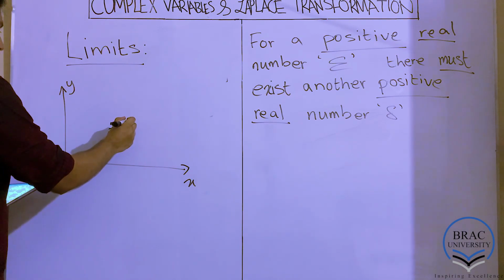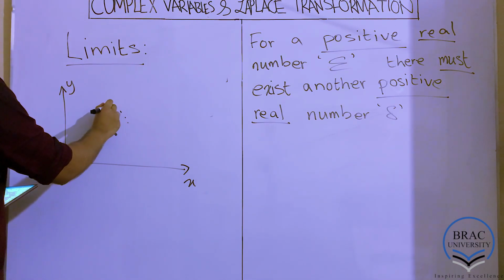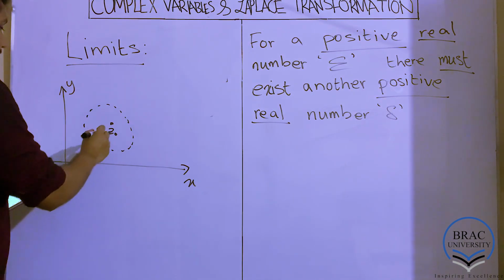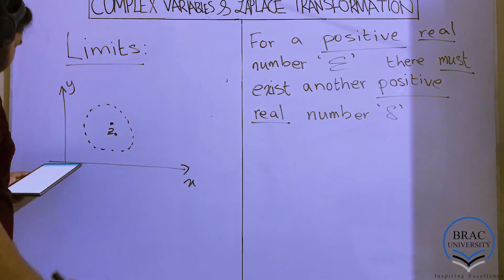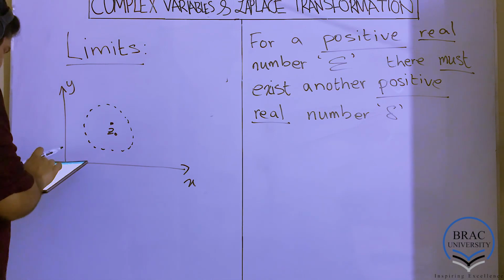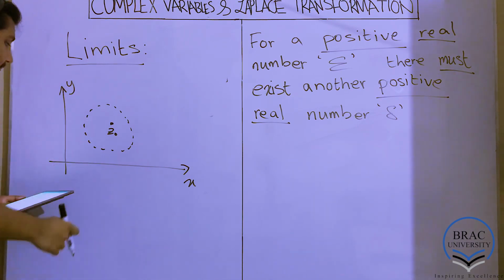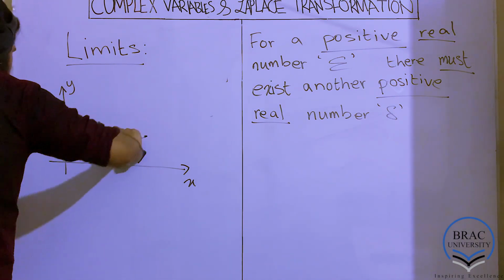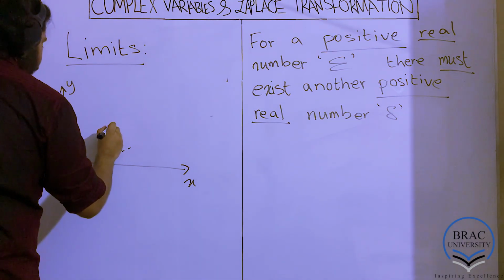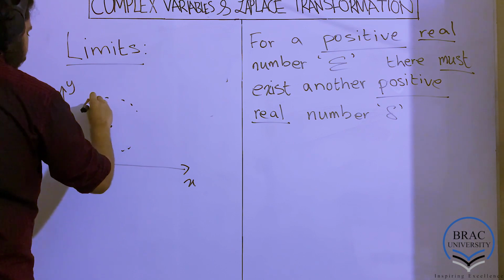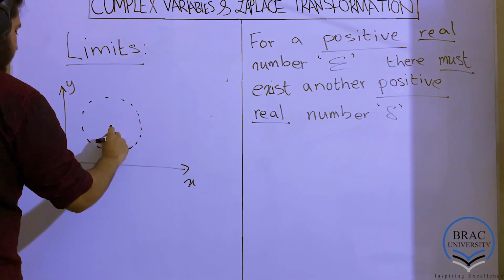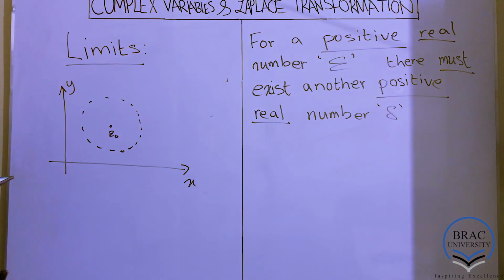So there will exist a delta neighborhood. This is what is called a deleted neighborhood. Let me draw it a little better. Here we have this Z. Here we have Z0 as the center.